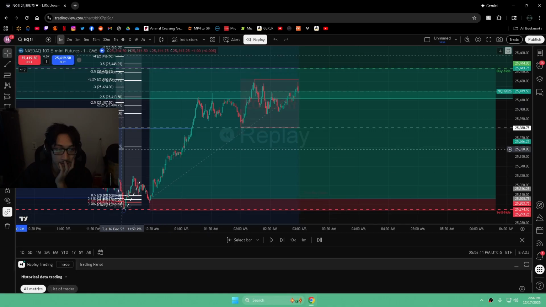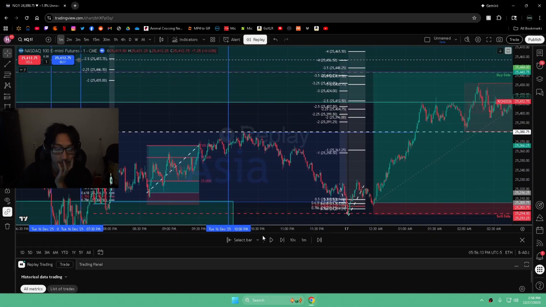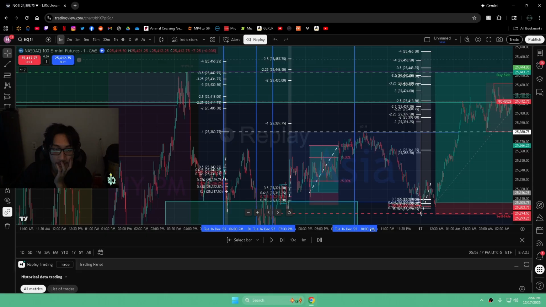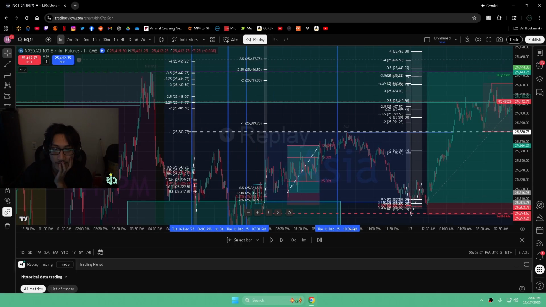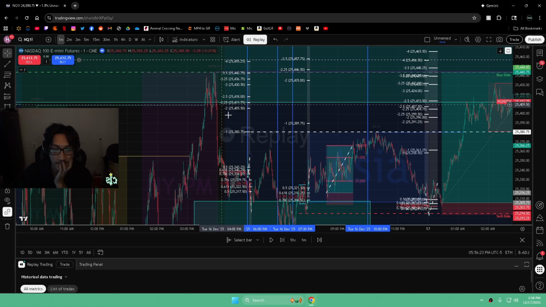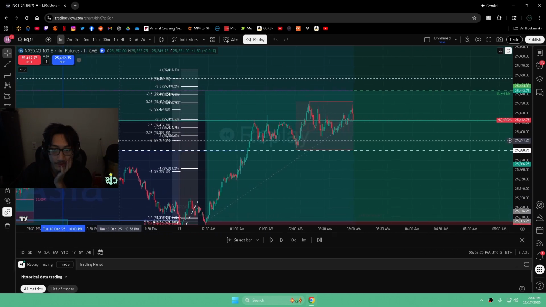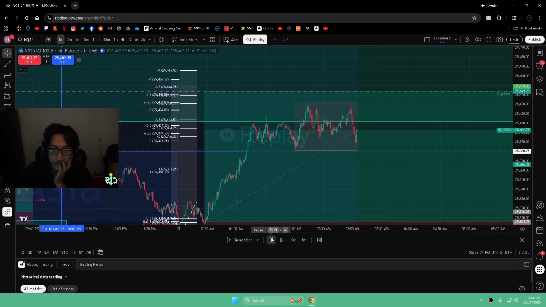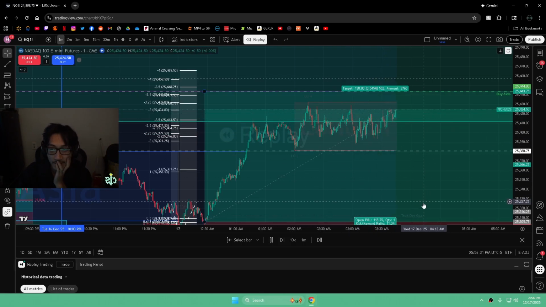It's accumulating. So let's take a look at why it's accumulating, right? It didn't take any liquidity, it looks like. So it could just be a higher time frame fair value gap. Just accumulating.